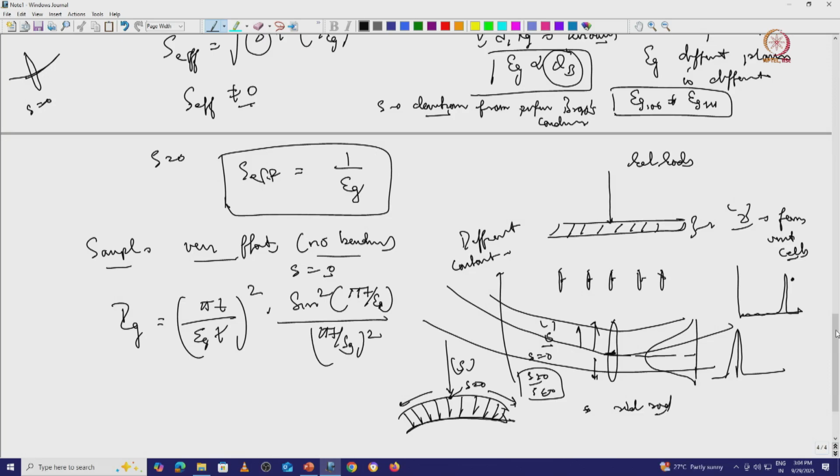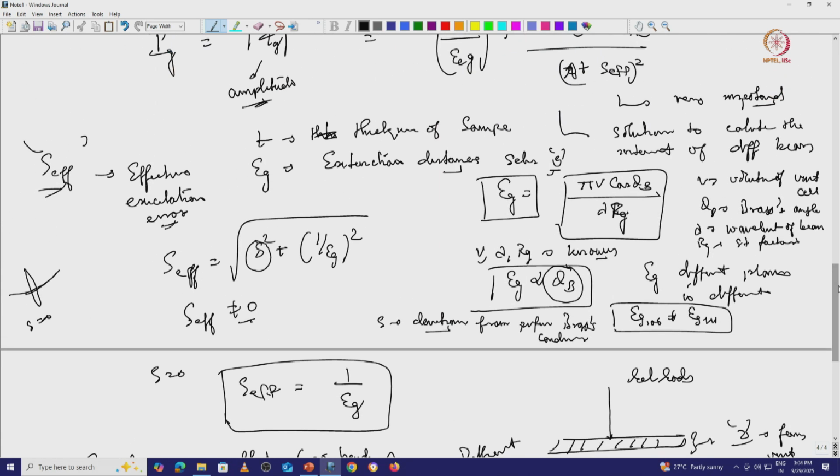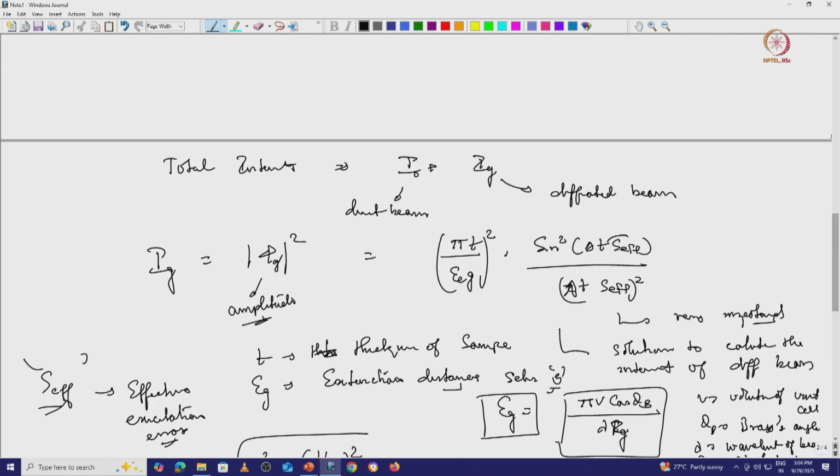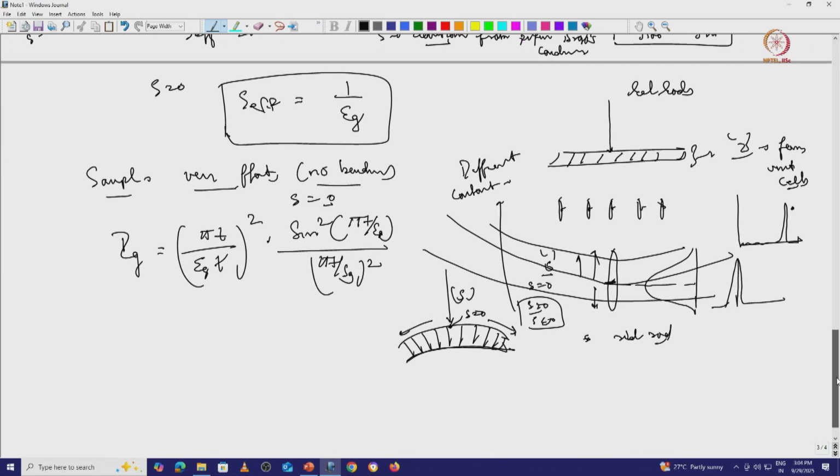This is just keeping the S effective value in this equation, correct. Now with this what you can do is you can cancel these terms. Now you will get intensity of the diffracted beam is directly equal to sine square pi t by psi g.